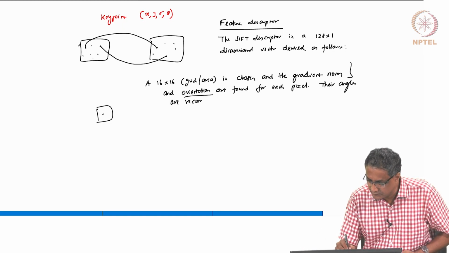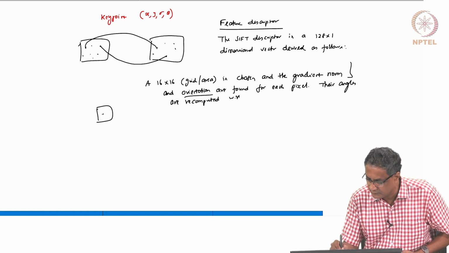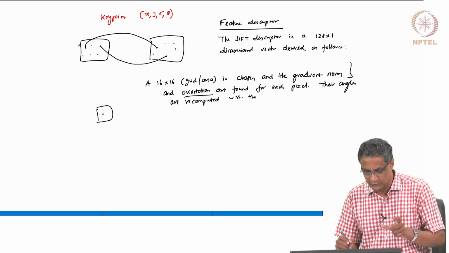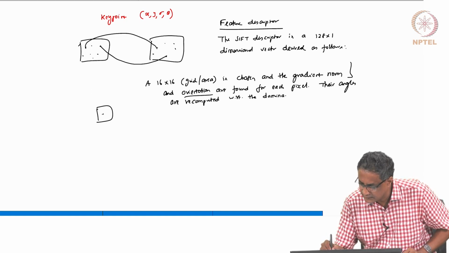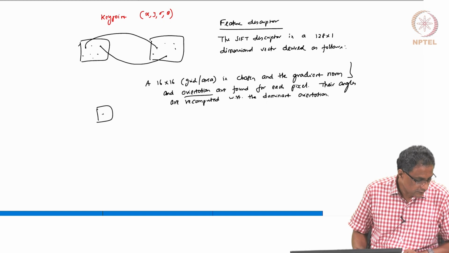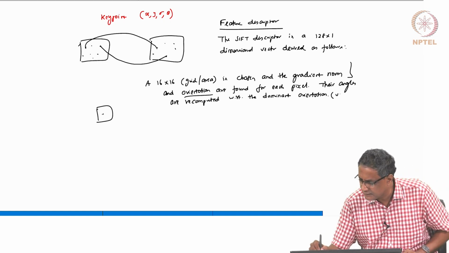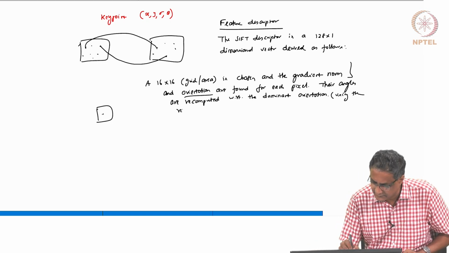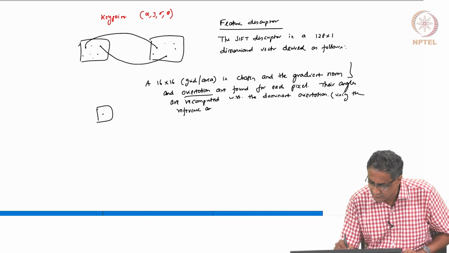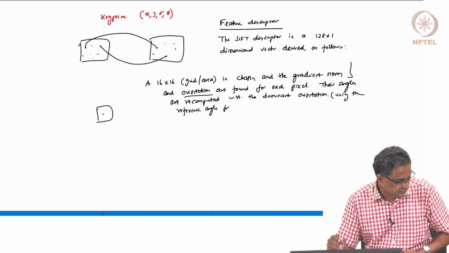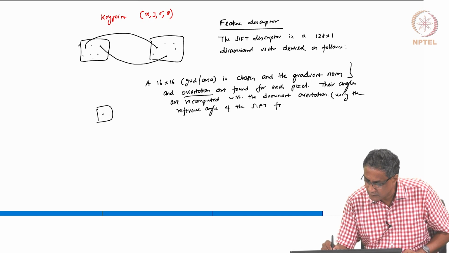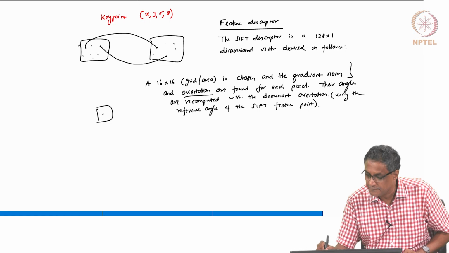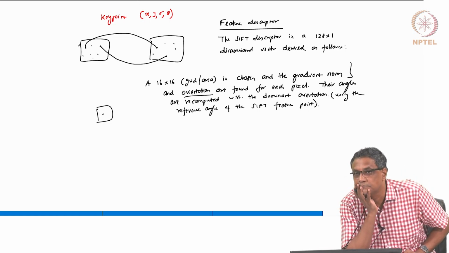These angles are recomputed with respect to the dominant orientation, that means relative to the extremum point, with respect to this dominant orientation, using the reference angle of the SIFT feature point.